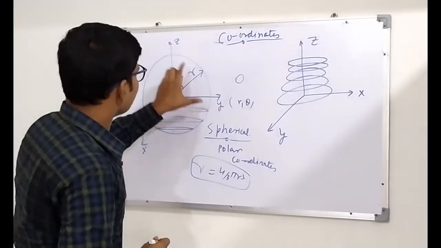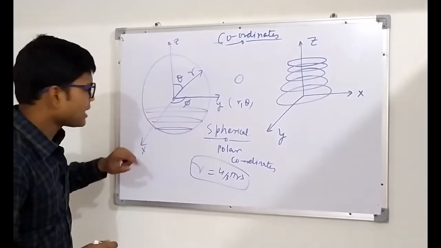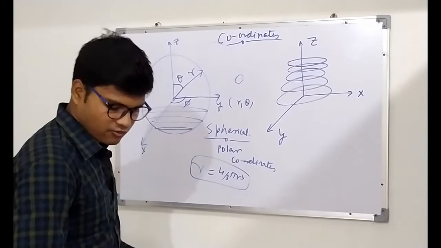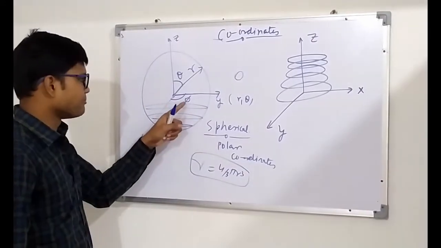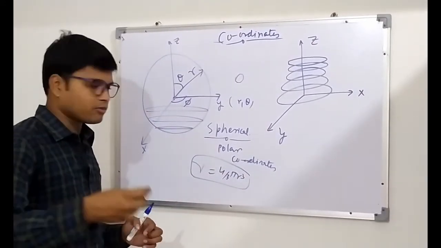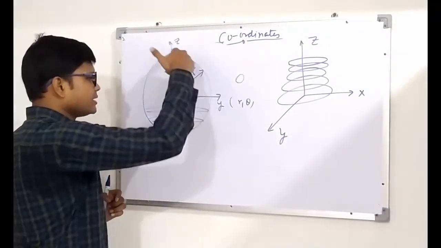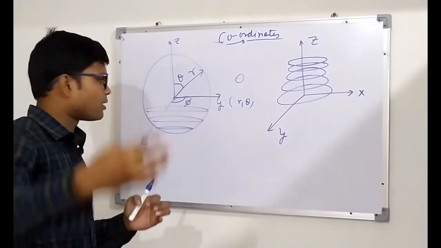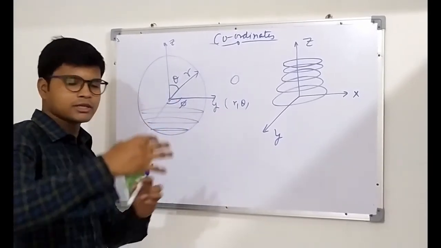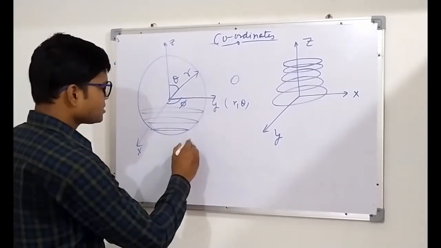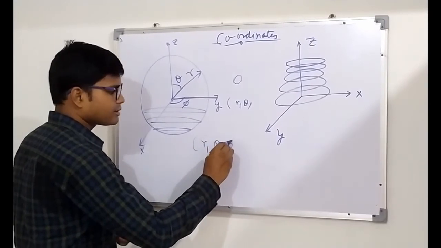So the radius is making some angle theta with z, and x and y is making angle phi. This x and y, which is making an angle phi, is involved in tracing the circles, and here theta gives you the rest of the part which can frame the whole spherical system. So our parameters are r, theta, and phi.